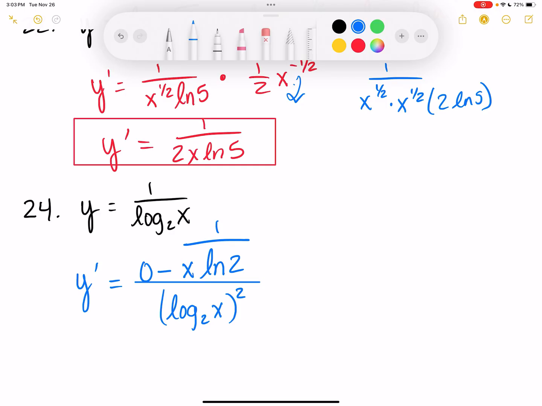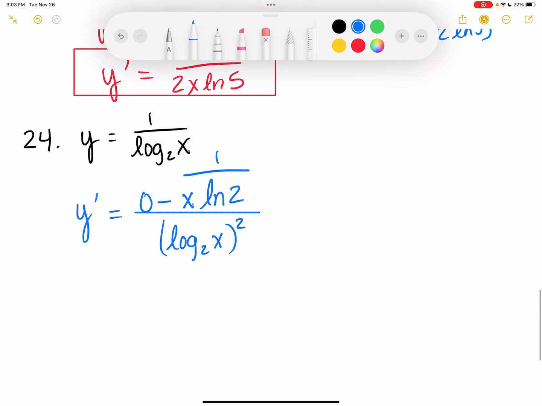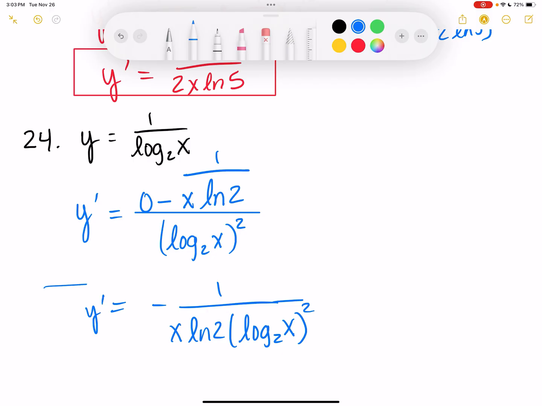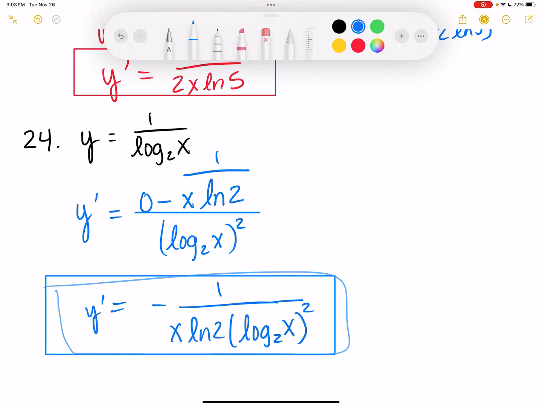Maybe. So then this stuff, making it all 1, would be negative 1 over x ln of 2 times log base 2 of x squared. And as ugly as that looks, that is the answer. I mean, technically ln of 2 is just a number, but we just leave it like this.